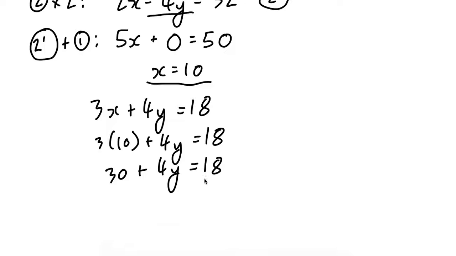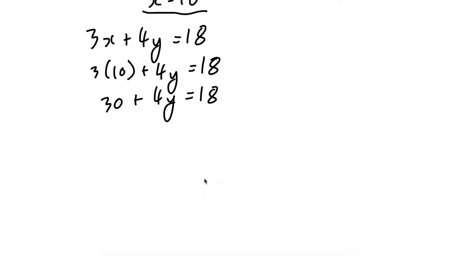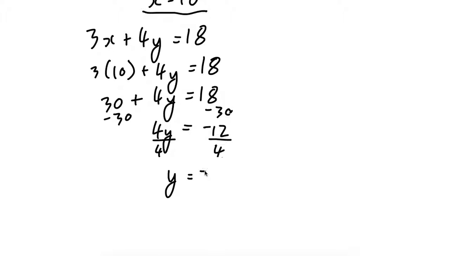Now we're going to subtract 30 from both sides. So I'm just subtracting 30 to get rid of the plus 30 there, and I have to do the same thing to the other side. 4y equals minus 12. And then we divide both sides by 4 to get the y by itself. And y equals minus 3, which again is the same solution we got before. X equals 10, y equals minus 3.